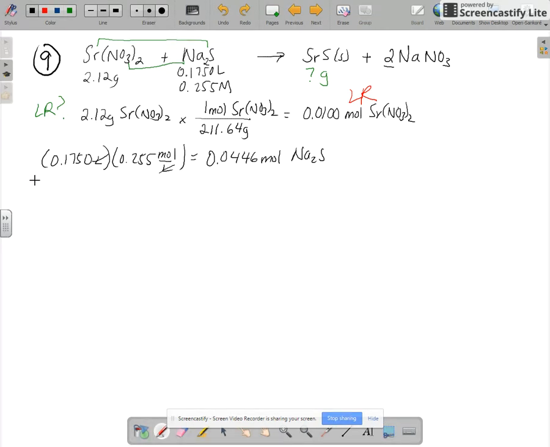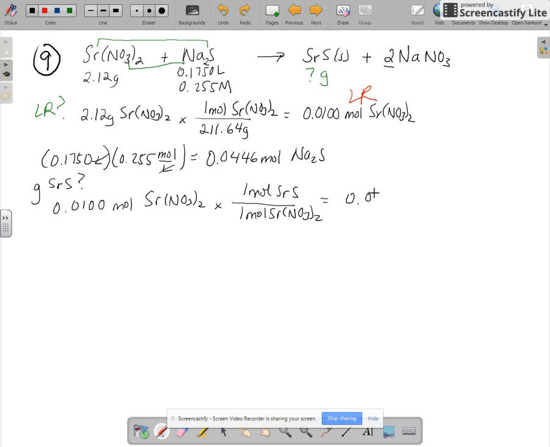So I'm going to start with my LR. I'm going to say, okay, if I react all this strontium nitrate, how much precipitate can I make? For every 1 mole strontium nitrate, we will make 1 mole strontium sulfide.